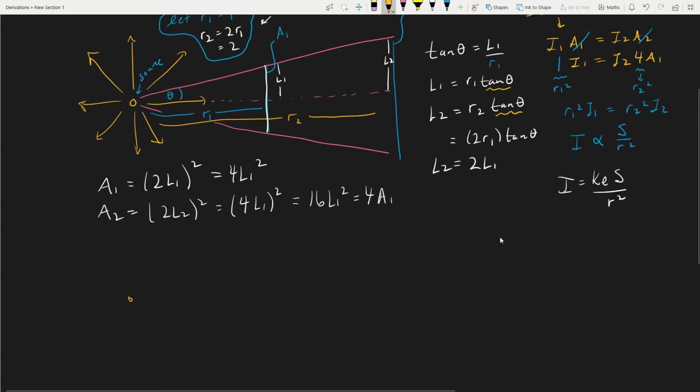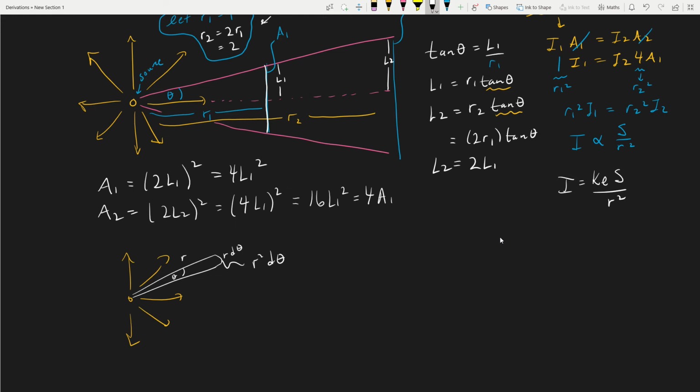Well, in reality, it's not contrived, because if you have a source that radiates, and you take an infinitesimal patch of area here, and then another one at a different radius, assuming you're making some angle theta, the arc length here is r d theta, and of course that area is r squared d theta.